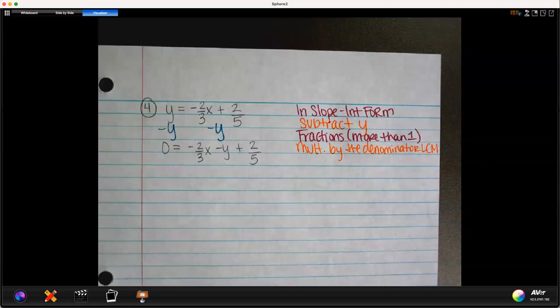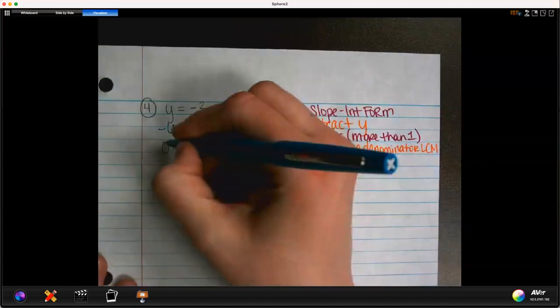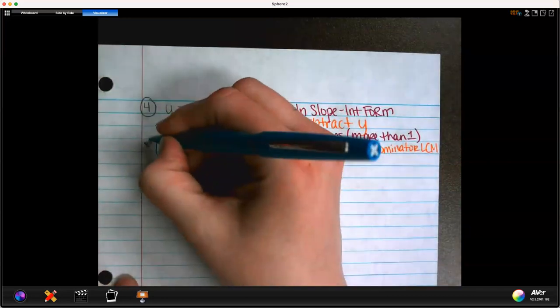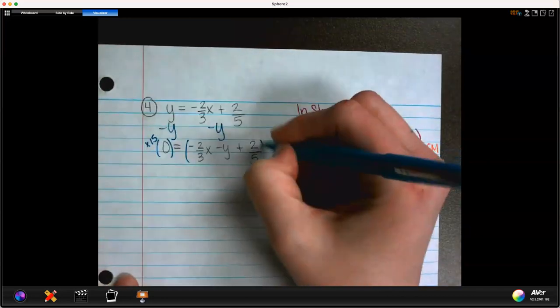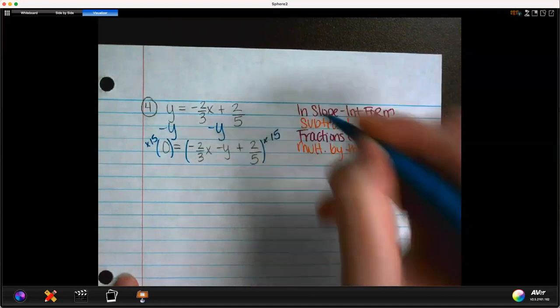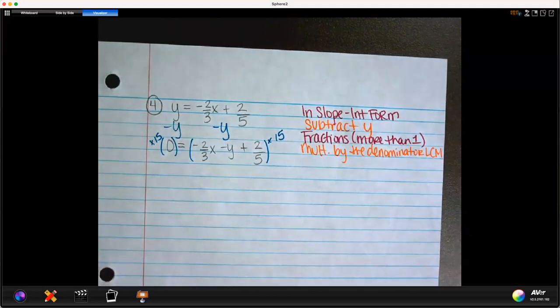And what would be the denominator LCM for this problem? 15, good. We're going to multiply both sides by 15, because we have a denominator of 3 and a denominator of 5. 3 times 5 is 15. So we want to multiply both sides by 15.